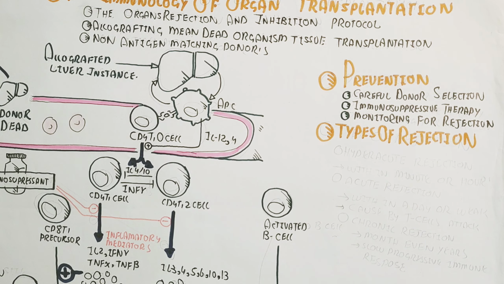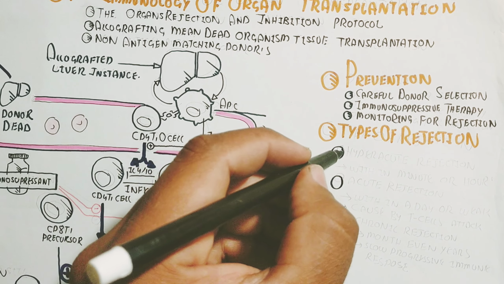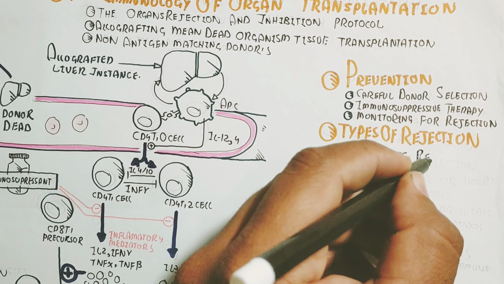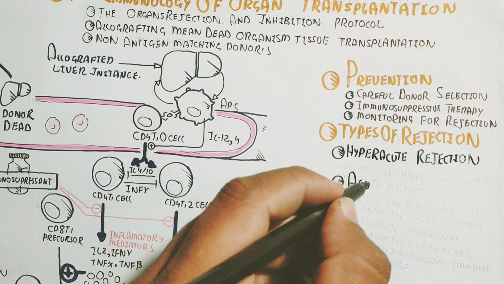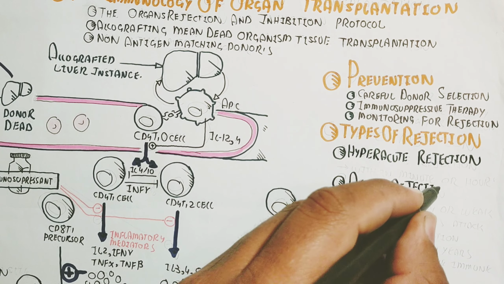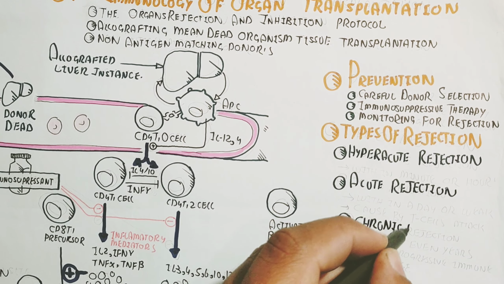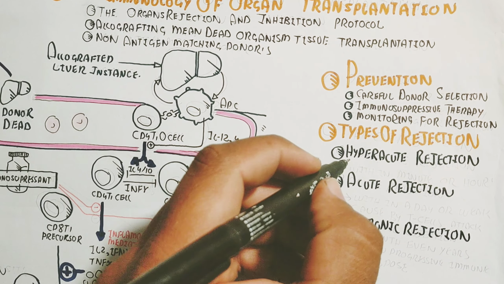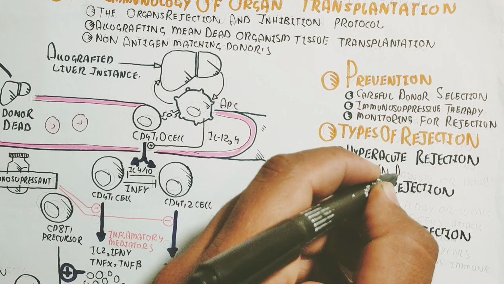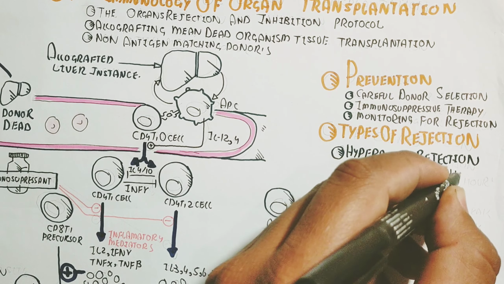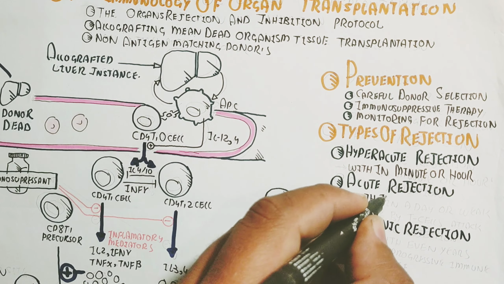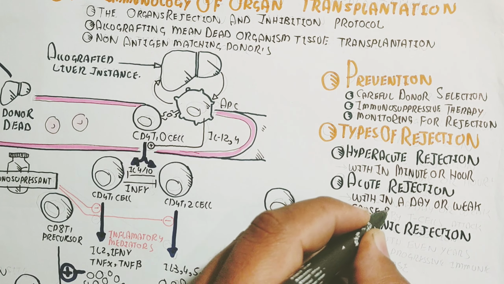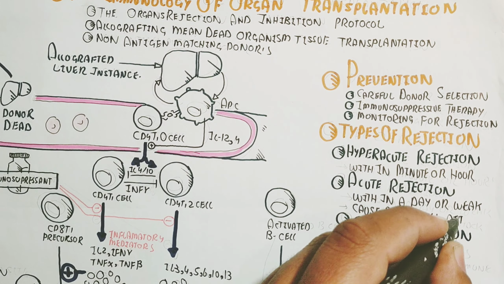The type of rejection can vary. Hyperacute rejection occurs within minutes or hours and is very severe. Acute rejection occurs within a day or week and is caused by T cell attack, so the T cell is important in acute rejection.